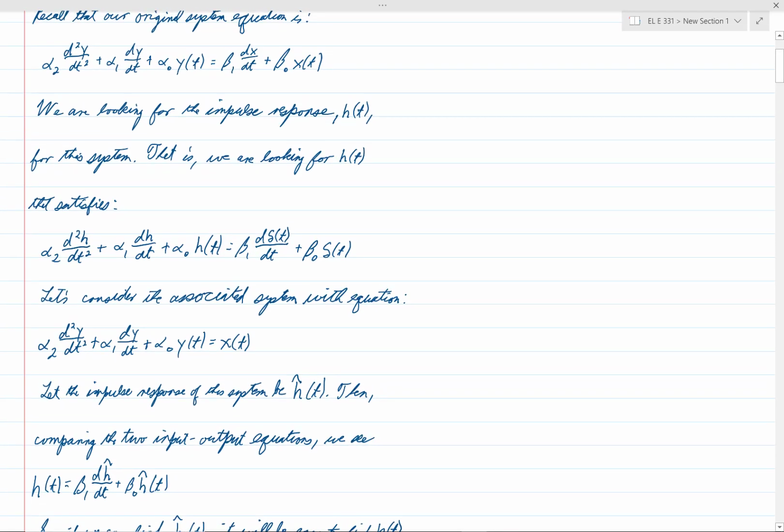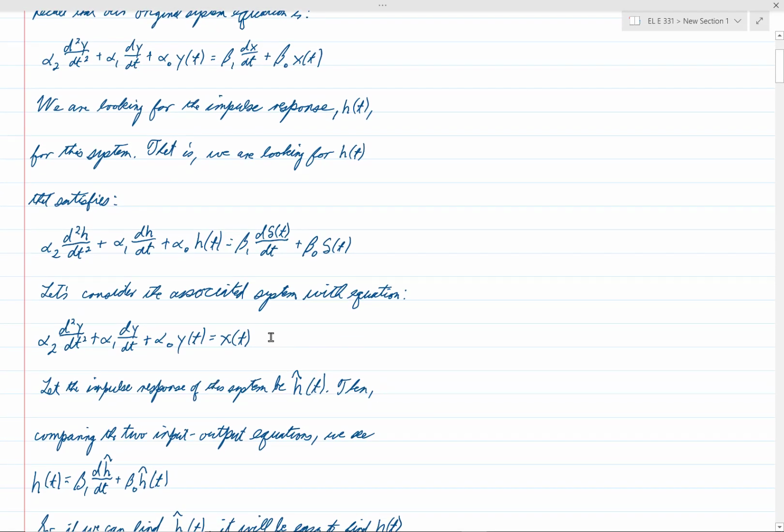Well, again, look at the system equation for the associated system and the original system. We see that the two equations are exactly the same on the left-hand side, but on the right-hand side, where we have x of t for the simple or associated system, we have beta 1 dx/dt plus beta naught x of t in the original system.